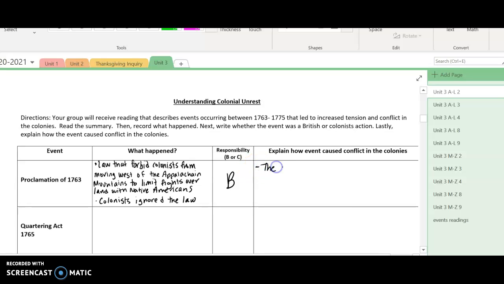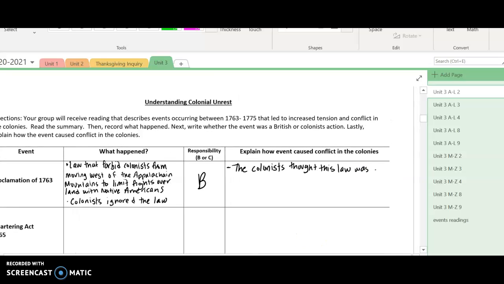So then we're going to go to explain how this caused conflict in the colonies. So we have to kind of see the colonist perspective here. So the colonists thought this law was an abuse of power by the king. Many had already moved west.